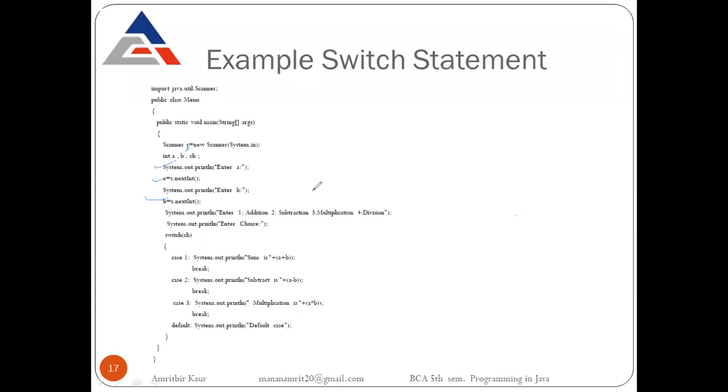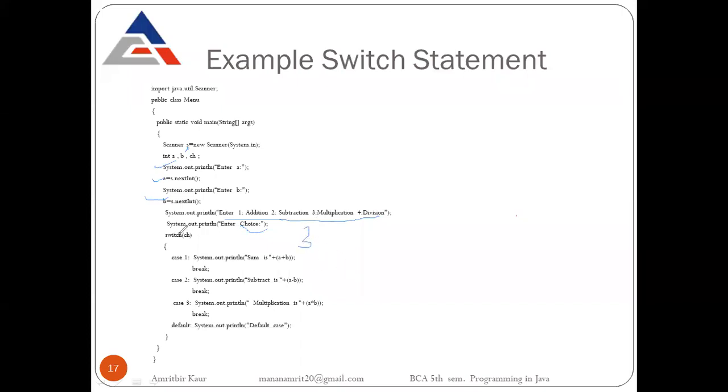So now we want to display a message to the user, like enter 1 if he or she wants to perform addition, enter 2 for subtraction. See, this message will be displayed to the user. So as per this, the user will enter his or her choice. For example, the user enters 3.